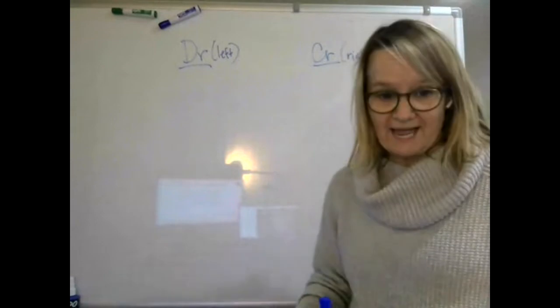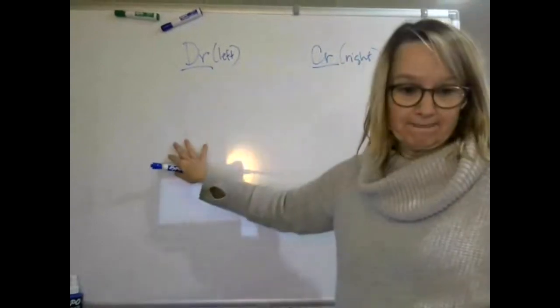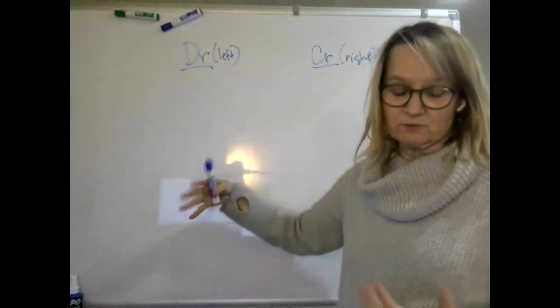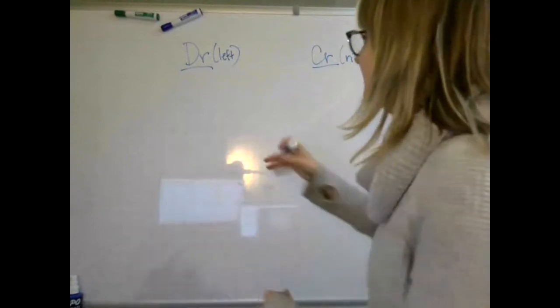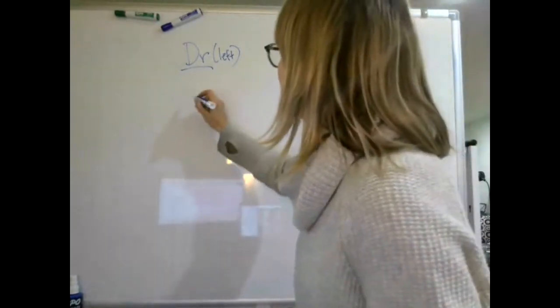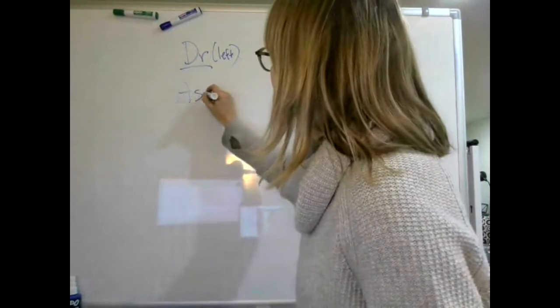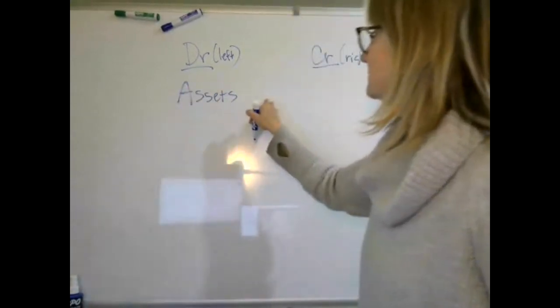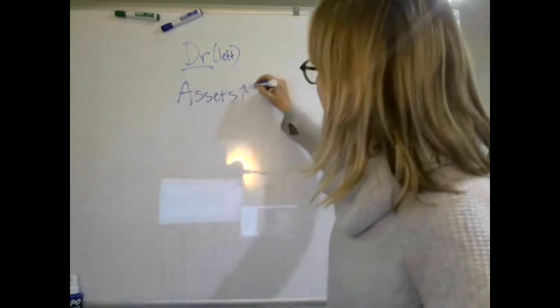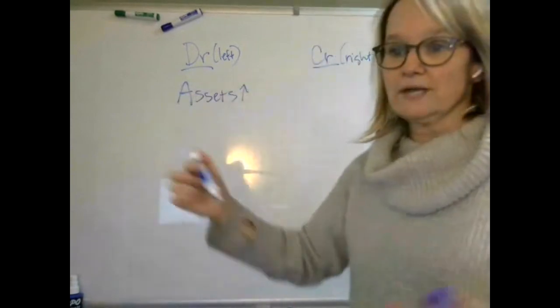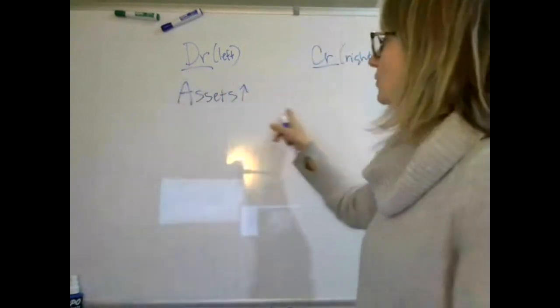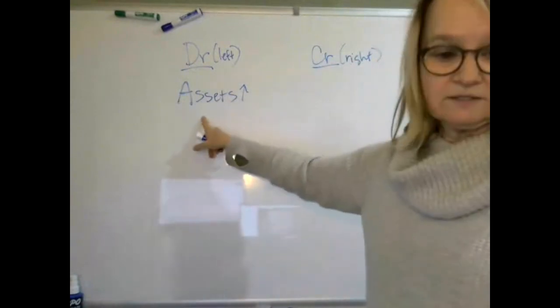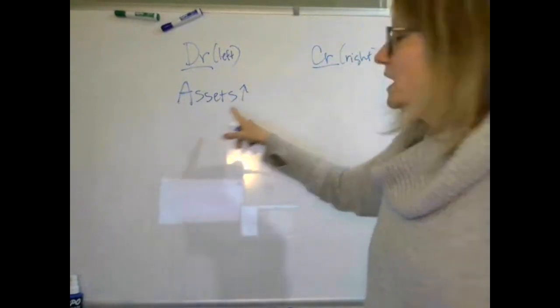Our normal balance for cash is going to be a debit. It's going to be on the left-hand side, and we're talking about journal entries here. And this would be for any of our asset accounts. In order to increase them, so cash coming in is increasing, we are going to debit that account.